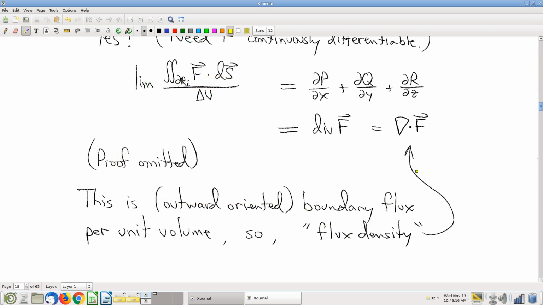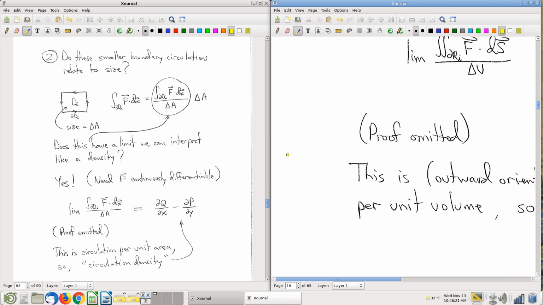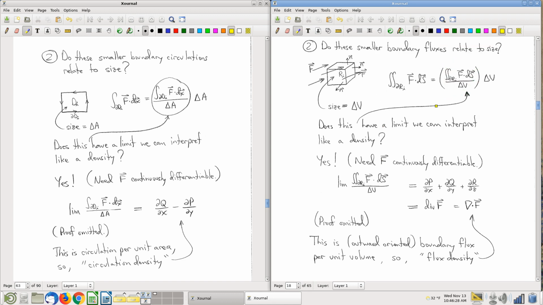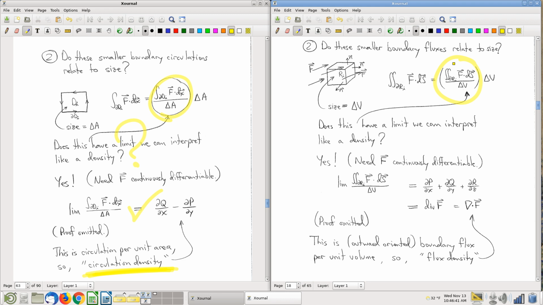All right. So just going back for comparison purposes, again, I think this is really valuable. In the same way that we found ourselves looking at this, wondering what it was, realizing that there's a formula for it, and then interpreting it as a density, well, same exact thing here. We found ourselves looking at something like that, different context, so different details, wanting to know, does that have a limit?